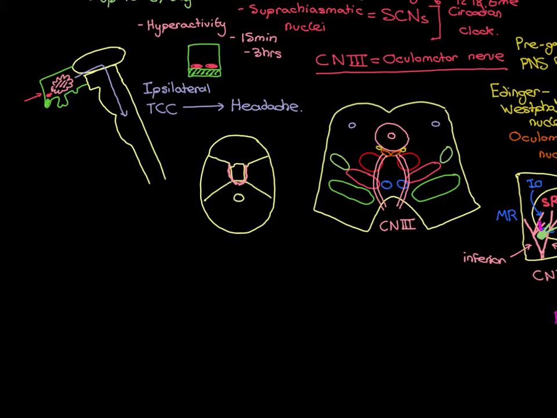So, that's where we believe that the headache in a cluster headache actually comes from: the hyperactivity phenomenon on one side of the hypothalamus activating the ipsilateral second-order neurons that have primary neurons from the frontal, temporal, and periorbital regions synapsing onto them.